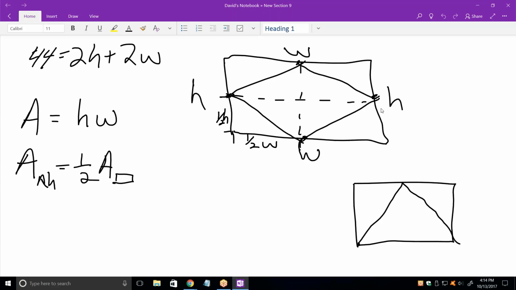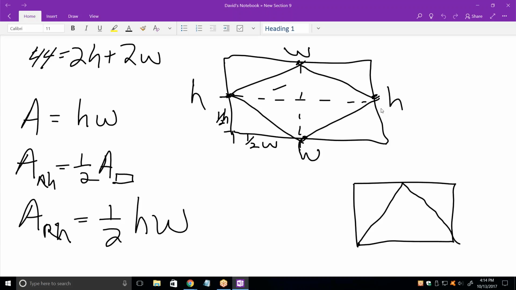So each little triangle is 1/2 of that little rectangle. Therefore, I know for sure that the area of the entire rhombus is half of the area of the entire rectangle. Well, what that means is that the area of the rhombus is 1/2 HW, merely substituting.